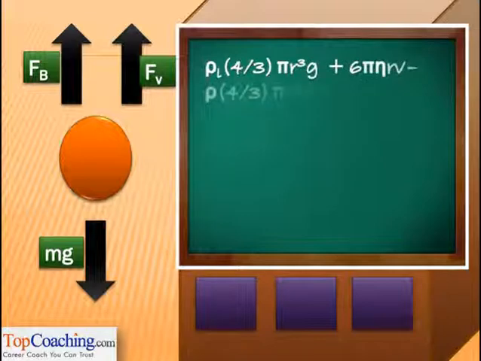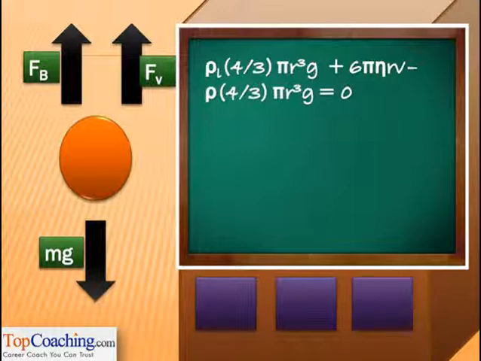Let us consider the condition for which Fb plus Fv is equal to mg. The value of buoyant force is given by the expression density of the fluid into volume of the body into g. Of course, you will learn this formula in detail in fluid mechanics, but for now remember that the buoyant force on a body that is fully immersed in any fluid is density of the fluid into volume of the body into g.